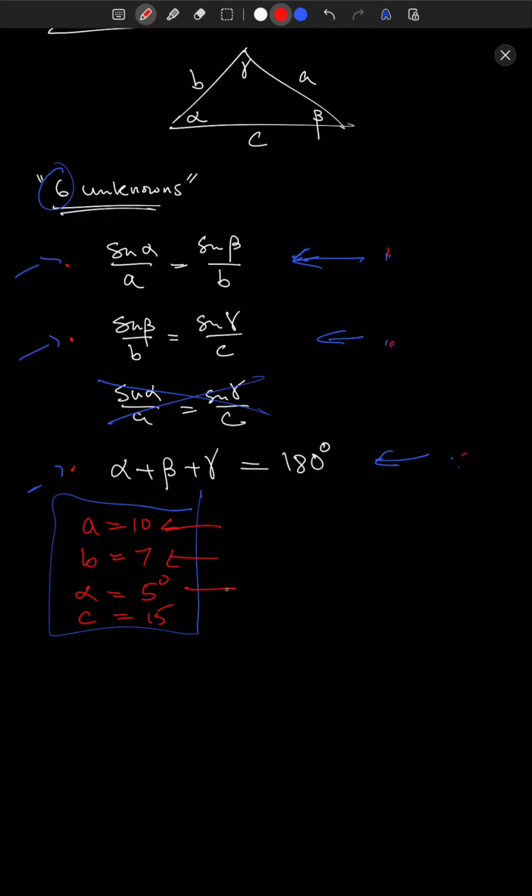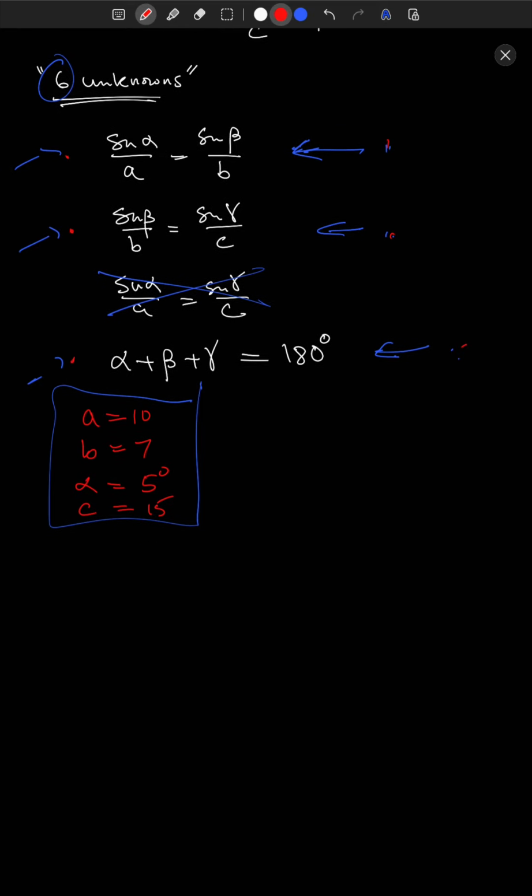A equals 10, B equals 7, alpha equals 5 degrees, C equals 15, then if you randomly pick, there's no chance that it'll actually represent a real triangle, probabilistically. Actually, if you study some probability, there's literally 0 probability in that situation.